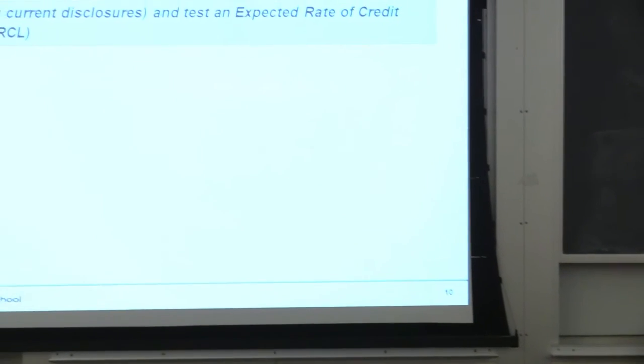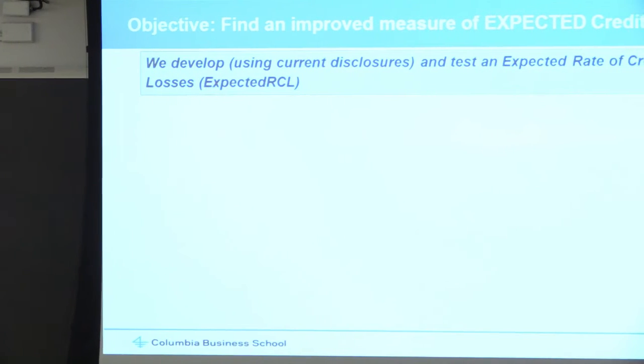So what we set out to do, and I should emphasize in the context of what this program's about, the starting point was the valuation question in terms of doing bank valuation. So we developed a model of expected realized credit losses, or rate of credit losses, and we tested for that.